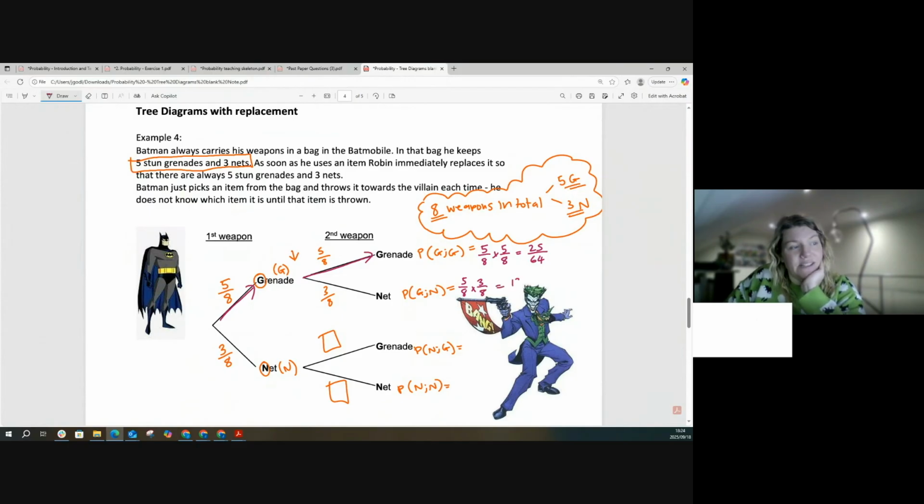So that's going to give us 15 over 64. And then this is going to be 5 over 8. So we're going to have 3 over 8 times 5 over 8, which is 15 over 64. And this will be 3 over 8. So 3 over 8 times 3 over 8, which will be 9 out of 64.